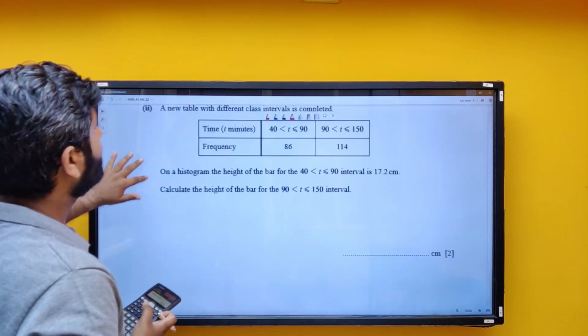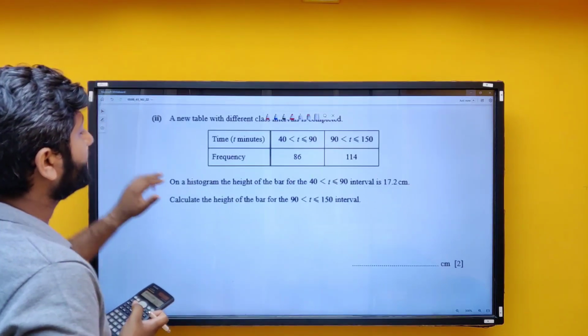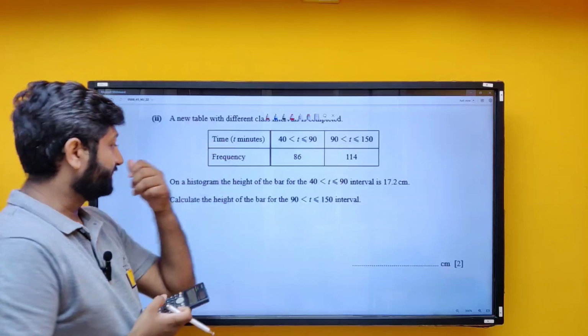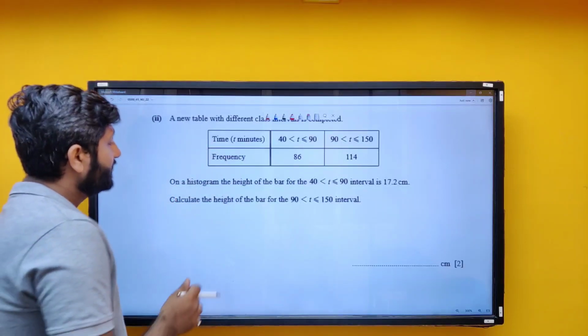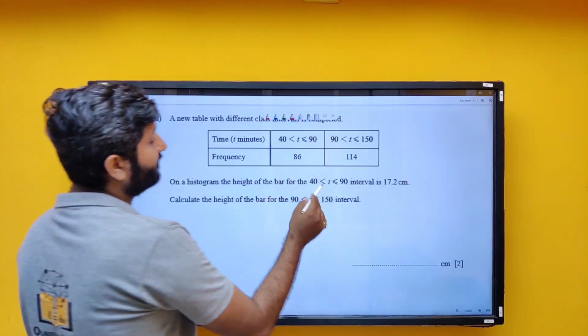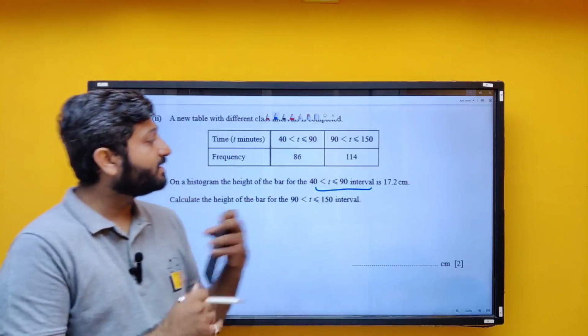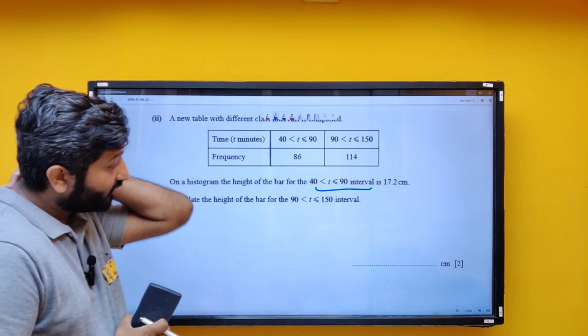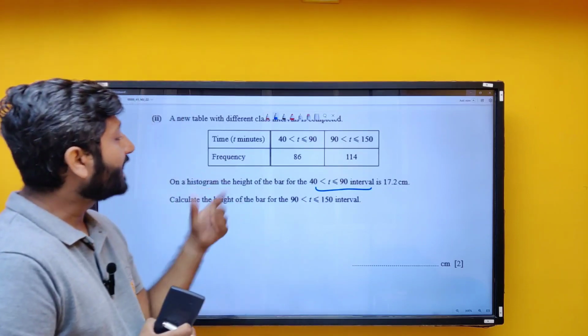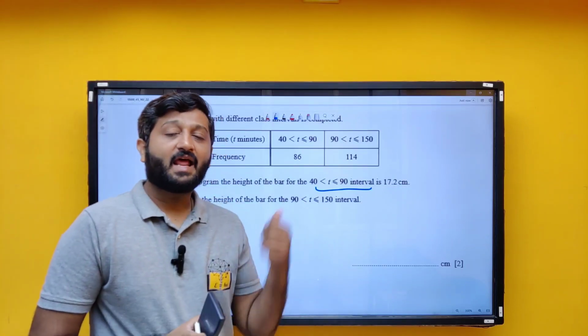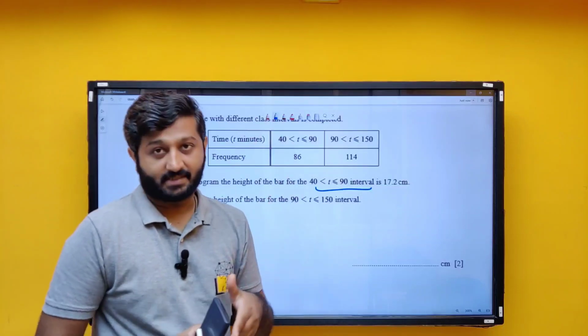Next, a new table with a different class interval is completed. This is the time and this is the frequency. On the histogram, the height of the bar from 40 to 90 is 17.2. Calculate the height from 90 to 150. The height of the bar means the frequency density.